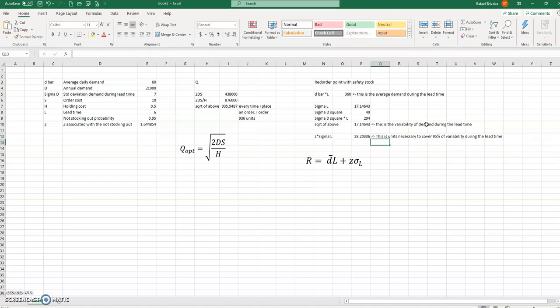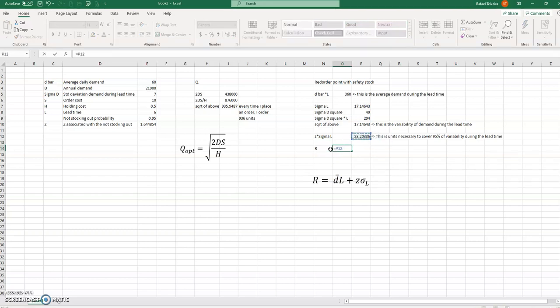Okay, so how much will be my reorder point finally after all this computation? So my R, which is my reorder point, is going to be equal to my Z multiplied by sigma L plus my d bar multiplied by L, which is 399 units. So this is my reorder point.